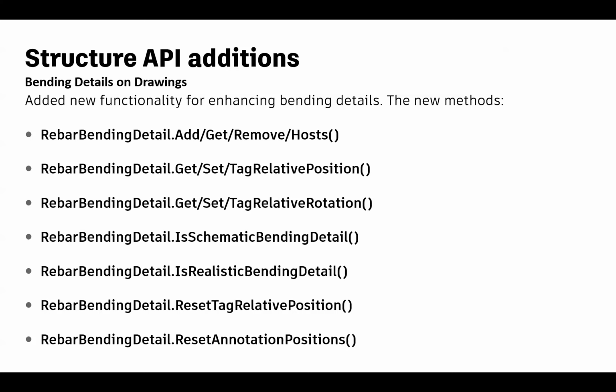There are more structure API additions for bending details on drawings. We added new functionality for enhancing bending details. There are new methods to add, get, and remove hosts, to get and set tag relative position, and new methods on the rebar bending detail: IsSchematicBendingDetail, IsRealisticBendingDetail, methods to reset tag relative position, and to reset annotation positions.